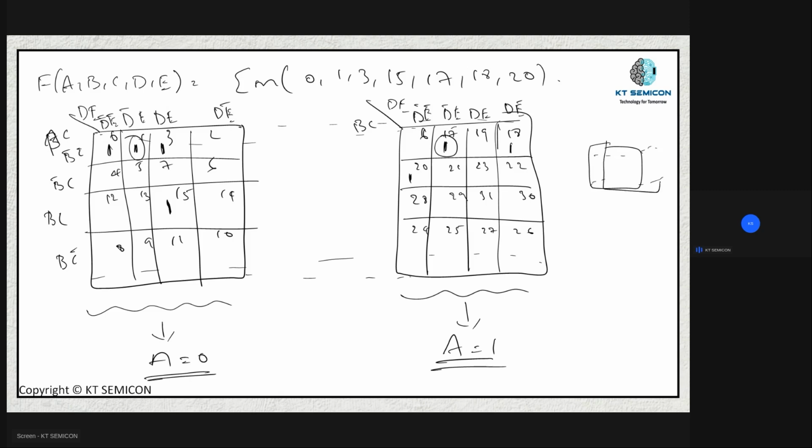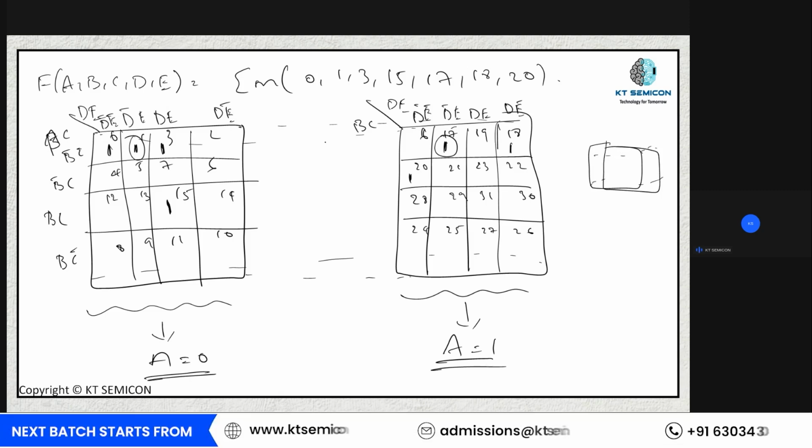So these two terms will be adjacent over one another, right? And what else do we have adjacent? Nothing else is adjacent, and these two are adjacent over each other, and these two are adjacent, right? And this is one term left out, this is also one term left out, and this is also one term left out.